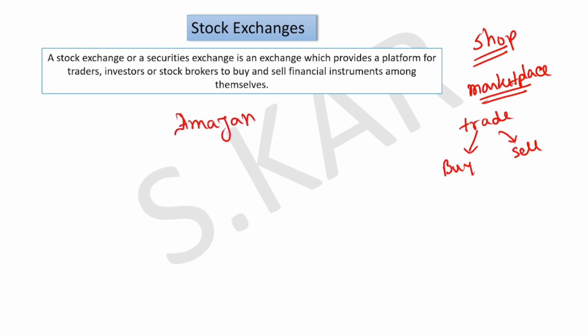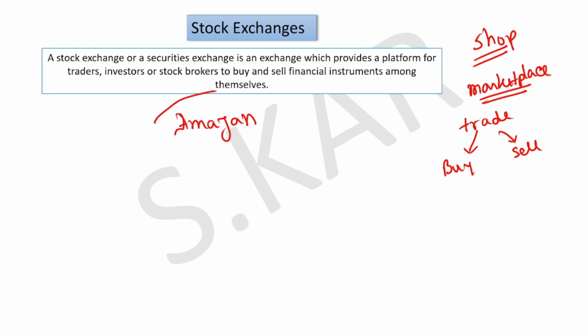We have all purchased products from Amazon. Now, do the products which we purchase belong to the Amazon company? Do we purchase the products from the Amazon company? Well, the answer is no. We don't purchase the products from the Amazon company.